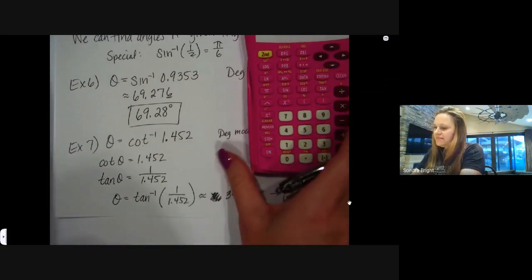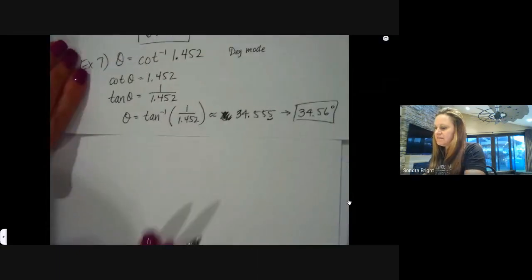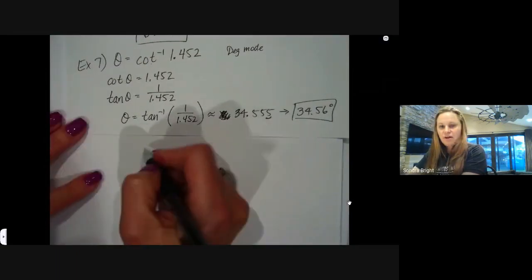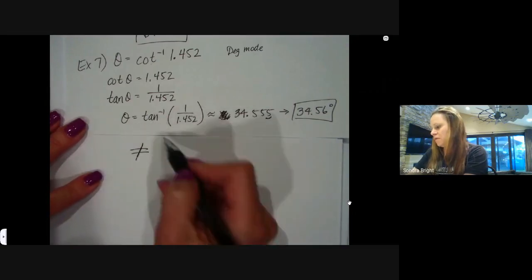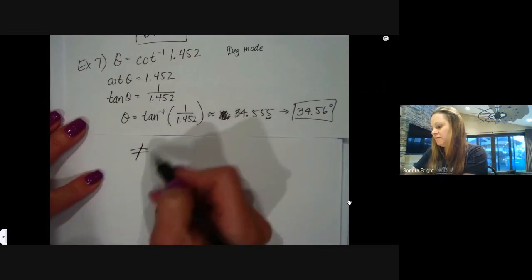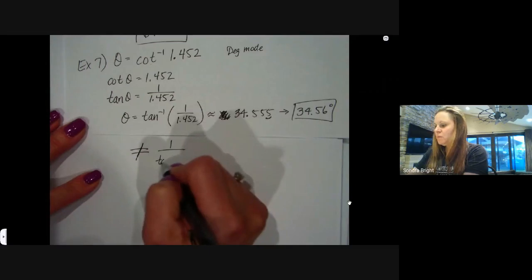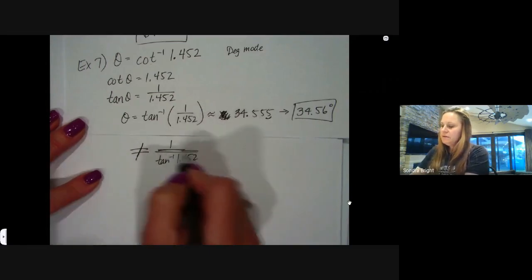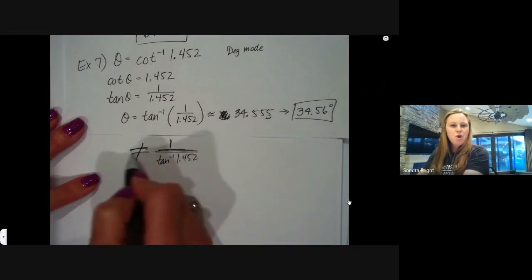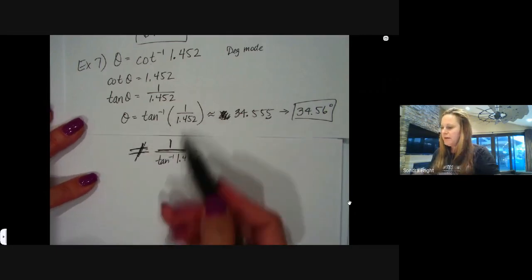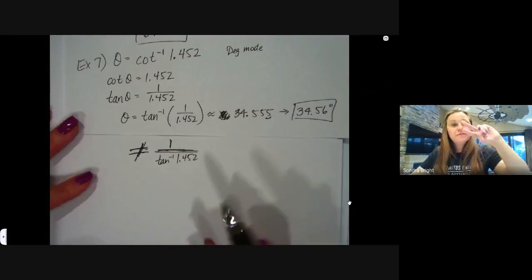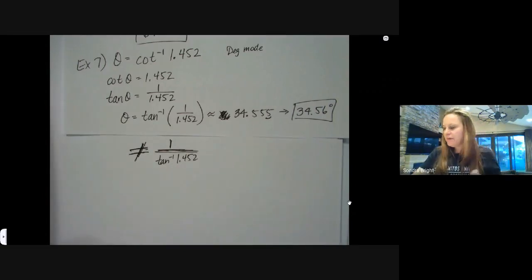Notice that these two guys are not equal. It's not equal to 1 over inverse tangent of 1.452, which is the most common thing that most students want to do. Not the same thing. Don't do it. They are not the same. So you've got to do inverse tangent of the reciprocal of that trig value.